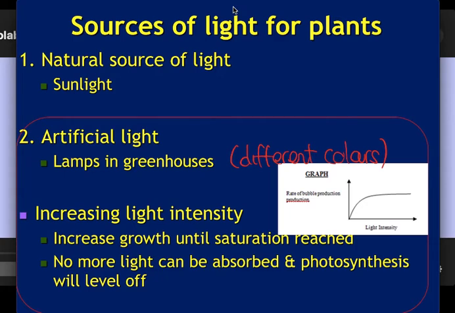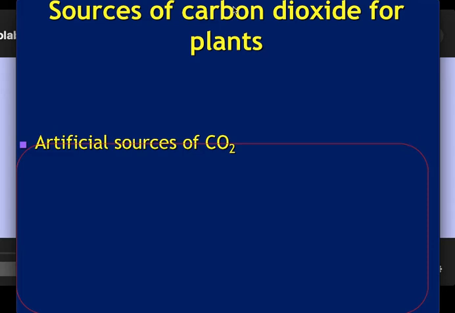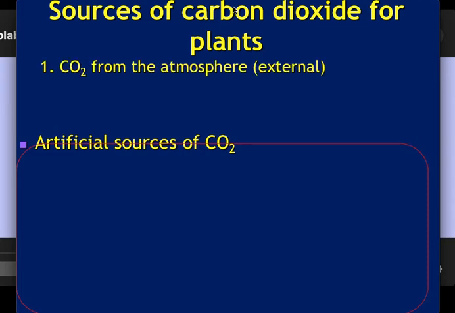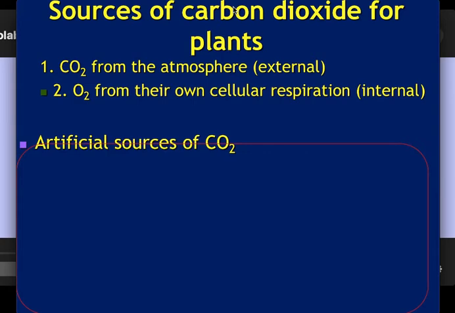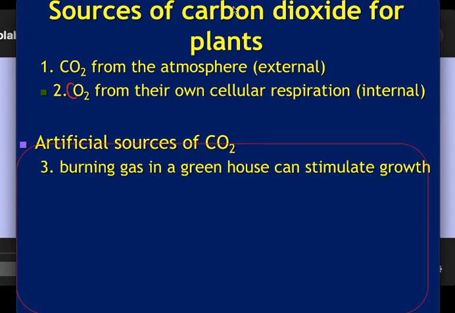So we've already seen this. You use your lamps to increase your light intensity. It'll only work until saturation is reached, and after that you're wasting your money on your lights. So in terms of our plants, we know that they'll get carbon dioxide from the atmosphere, and they'll get carbon dioxide from their own respiration, but they can also use gas burners in a greenhouse, because one of the products of burning gas is carbon dioxide.